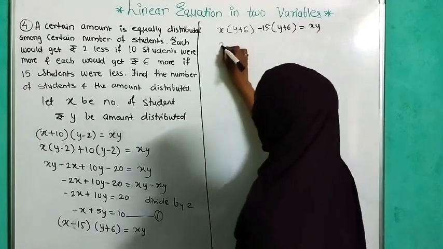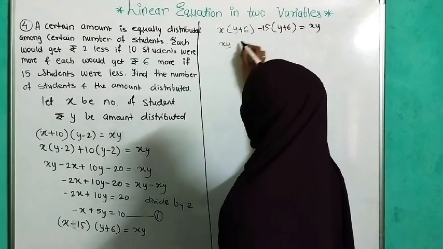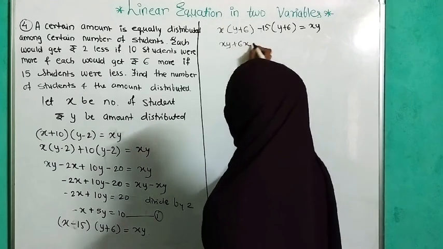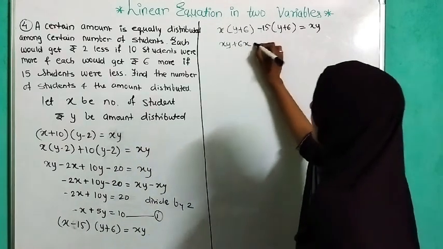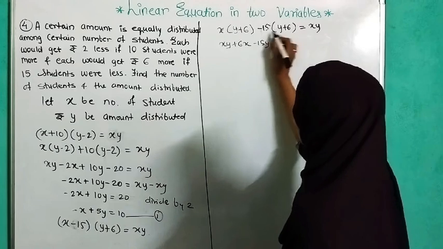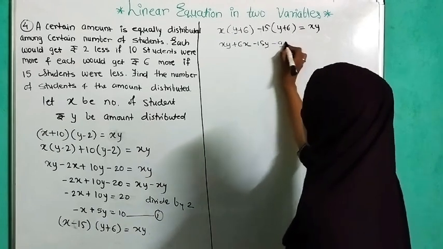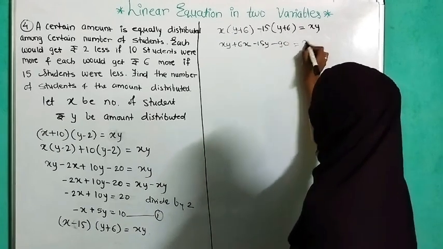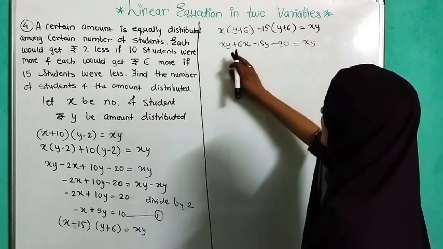So x into y, xy, x into 6, plus 6x, minus 15 into y, minus 15y, minus 15 into 6, minus 90 is equals to xy.